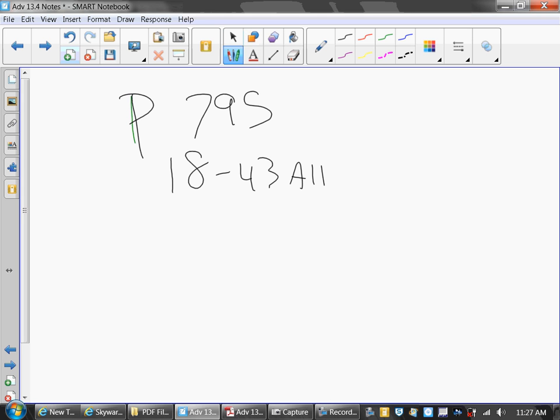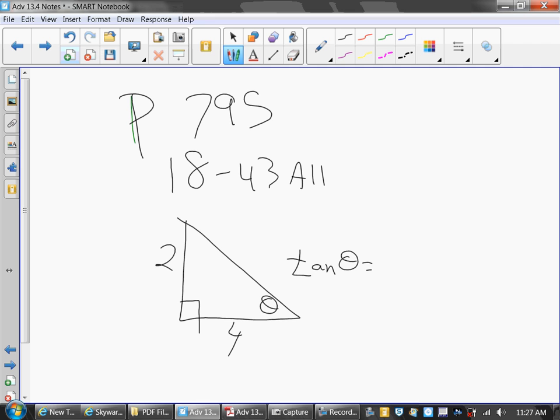The other ones are right triangle trig stuff where you're given a right angle, theta, 2 and 4. Find theta. Think about what you did in geometry. This angle is 2 over 4. Opposite and hypotenuse. That means the tangent of theta is 2 over 4.